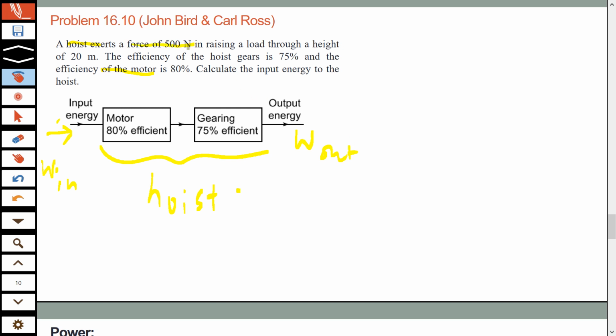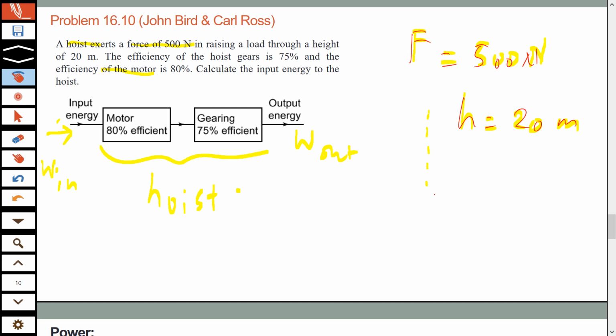because it is used to exert a force of 500 newtons. So it can apply a force of 500 newtons. By force I mean the magnitude of force here, and it raises a load through a height of 20 meters. ठीक है, height of 20 meters, and the magnitude of force is 500 newtons.